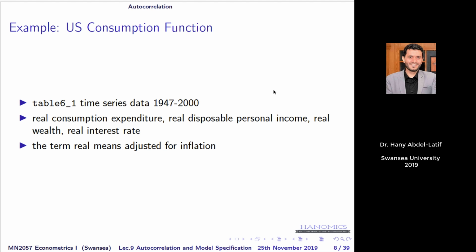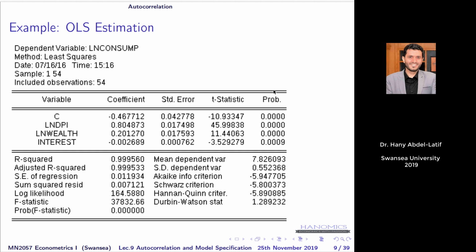We collect data about real consumption expenditure, real disposable personal income, real wealth, real interest rate, etc. These are time series data. We estimate the model with log of consumption as our dependent variable, and on the right-hand side a number of variables: the disposable income, the wealth, the interest rate, etc.